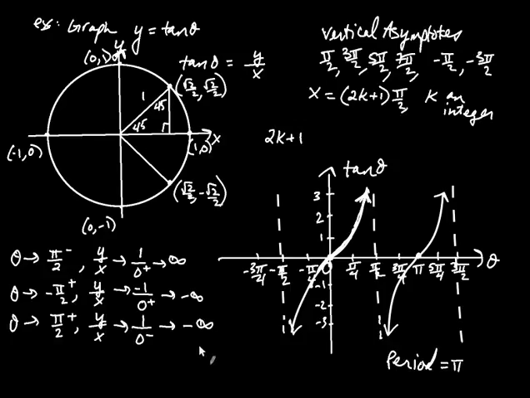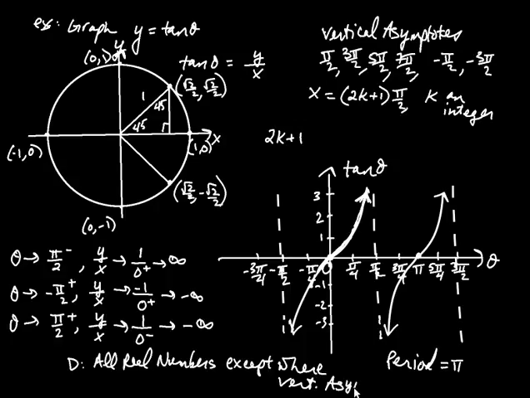Okay, so with that in mind, the domain of our graph is all real numbers, except where you have vertical asymptotes, right? Those are clearly not in the domain. And what's the range? Well, the y can go all the way from negative infinity to positive infinity. So it's negative infinity to positive infinity.